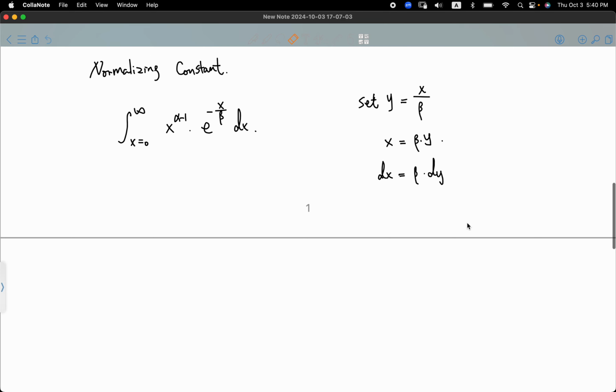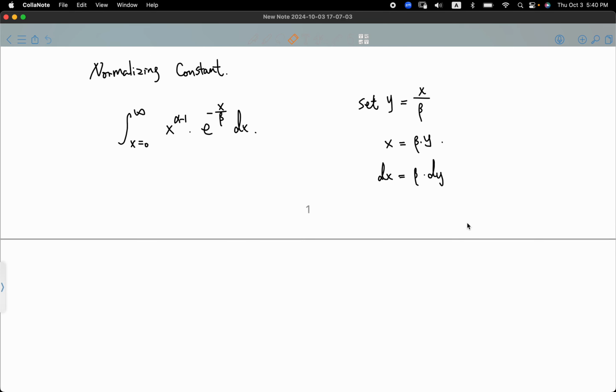Okay. And then with this construction, we can start to replace the terms in the integral to make it simplify. So for x, let's first write down the upper bound and lower bound.